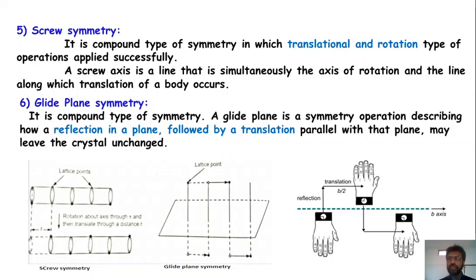The position of the finger is like this here. After that, when it gets reflected from this point and translated, we observe that it is similar to the lattice point.